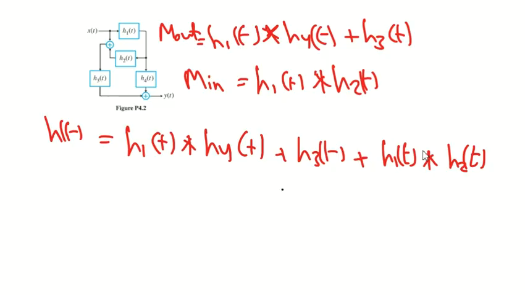Just double-checking the work. Yes, we got it right. So that's the final answer. And why did we convolve h4 of t and h3 of t? Because they both go to the output, so you cannot just convolve them, because they meet at the output side.